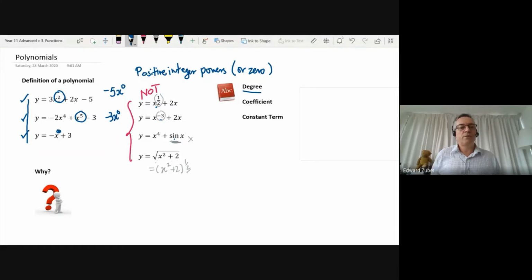Can you see what I'm doing? I'm looking for the highest power. So if I wrote y equals x to the 7th minus 3x to the 10th plus 5, we would say it's a degree 10 polynomial. So the degree of the polynomial is the highest power value.